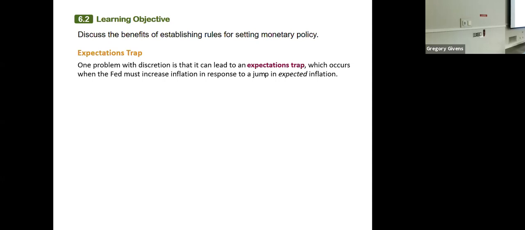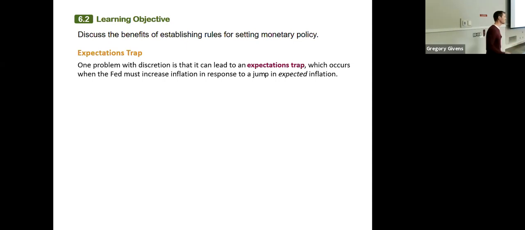In other words, nothing fundamental has happened in the economy to actually lift prices. But if the private sector expects inflation to be higher in the future, the central bank is going to find itself in a situation where it actually has to take policy actions that increase the rate of inflation to match those expectations. That's what we mean by an expectations trap.